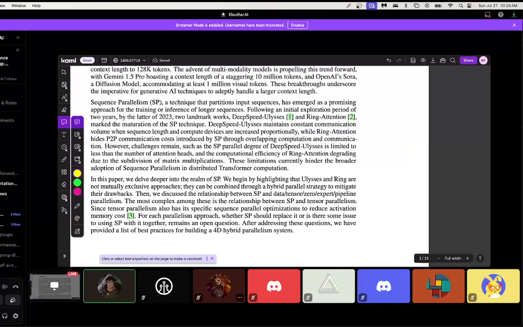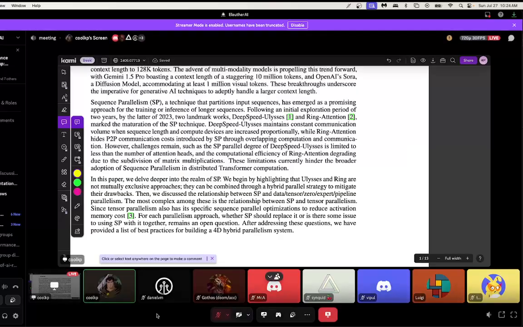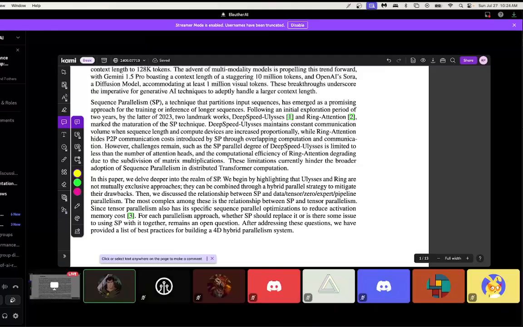So if your number of heads is like 32, and you have a mesh of 64 or 128 devices, you're not going to be able to scale on that completely. You're forced to do a hybrid parallelism. For large scale training, you're limited by your number of heads.